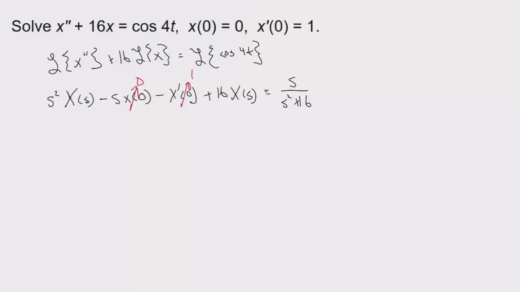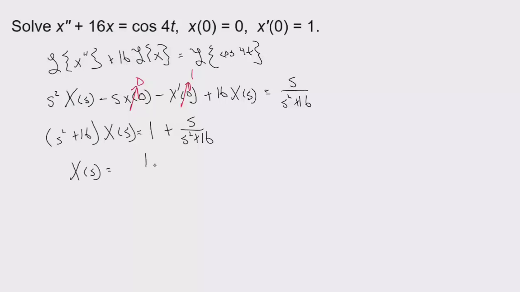So I want to try to, trying to solve for x of s. So that's s squared plus 16 times that x of s function. And we'll bring the 1 over. Alright, so I'm still trying to isolate x of s.